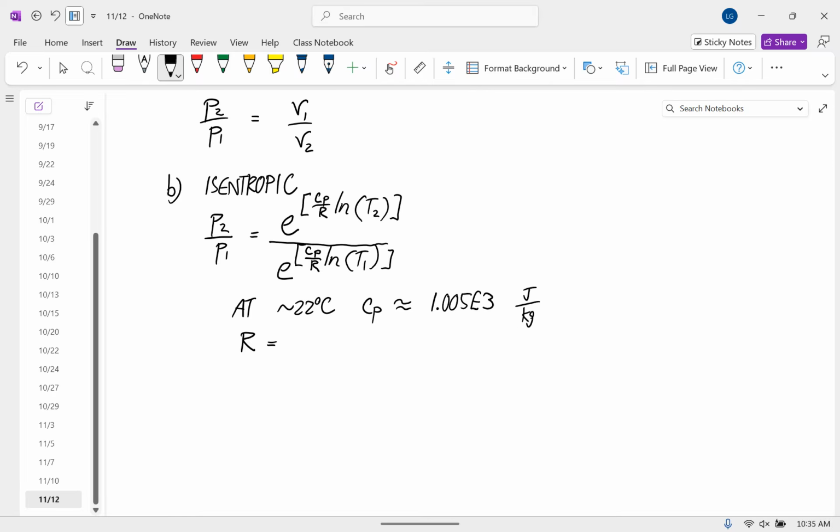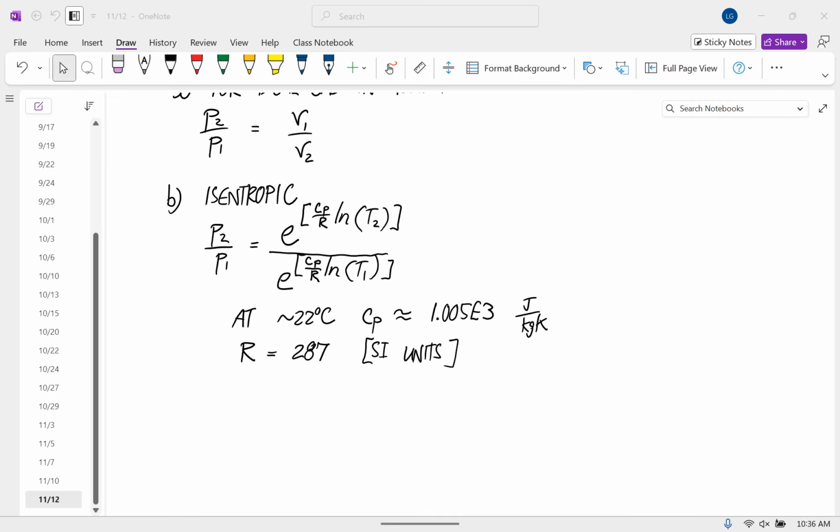I provide my answer in kilojoules, but I guess it's still the same as long as you provide the units in the answer. And R is equal to 287. That's in SI units.